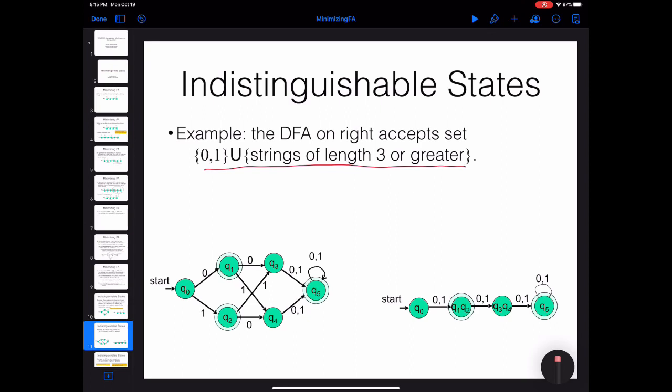So after I merged Q4 and Q3, the DFA would look like this.